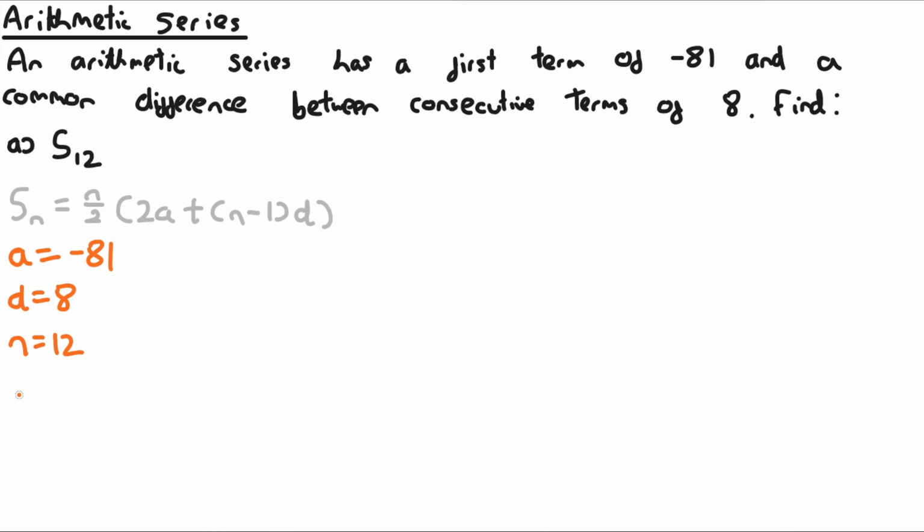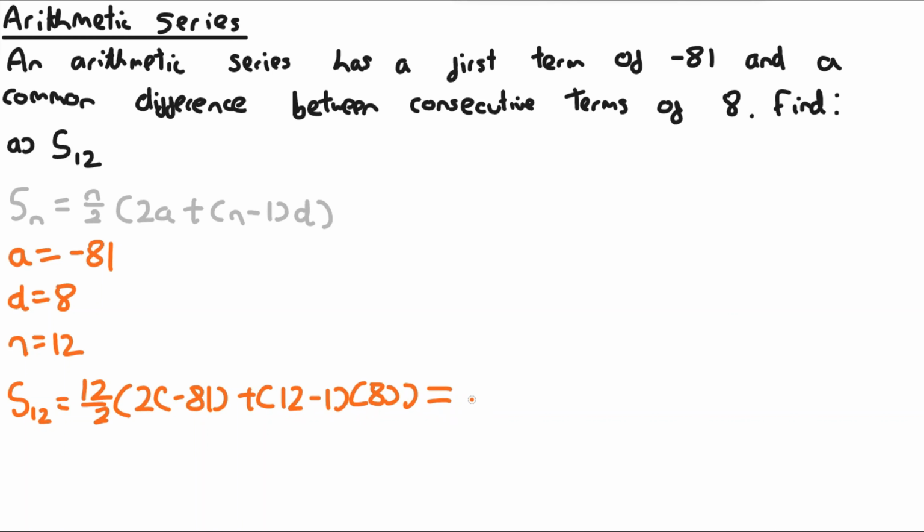So therefore S12 is equal to, and then we just sub in the values, so it's going to be 12 over 2, and then 2 times a, which is minus 81, plus n minus 1, so 12 minus 1, times d, which is 8, and if you put that all into a calculator, it's equal to minus 444. So S12 is equal to minus 444.